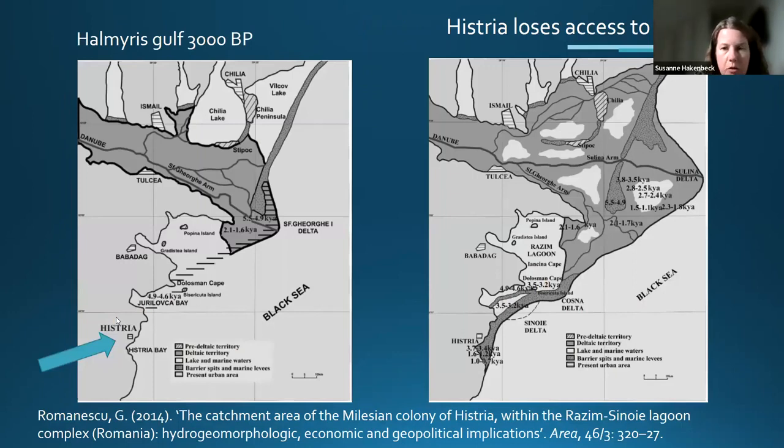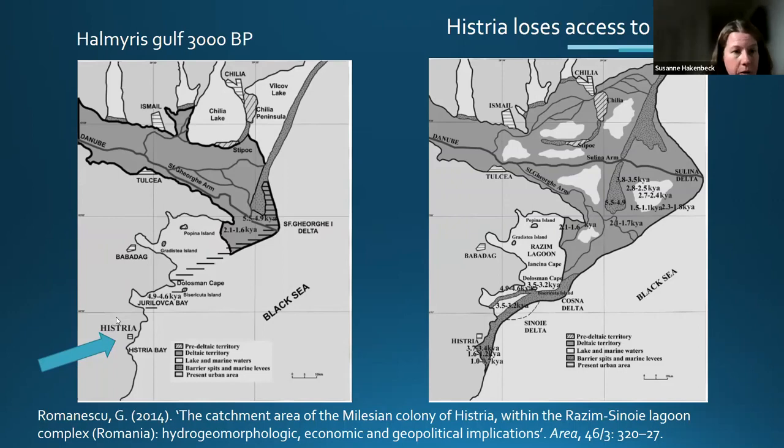So to go back to our delta and looking again at the Greek colony of Histria. As I said, it was founded in the 7th century BC. It was part of a series of Greek colonies along the Black Sea shore. And then the city was abandoned by the 5th and 6th century of the Common Era, coinciding with the late antique Little Ice Age.